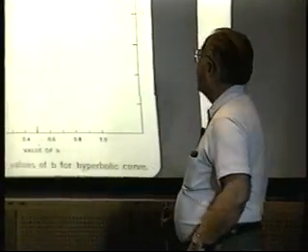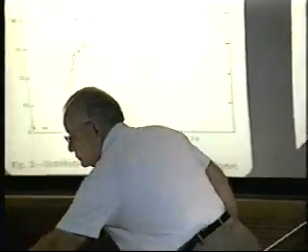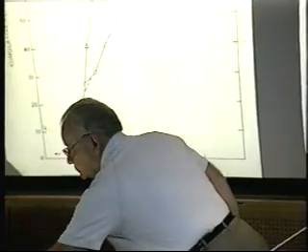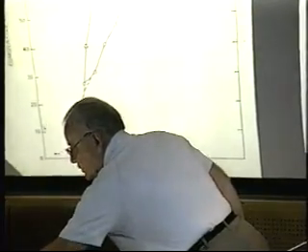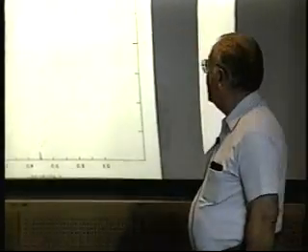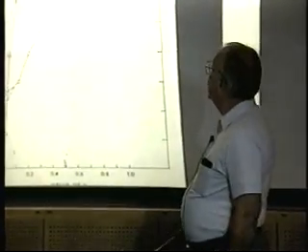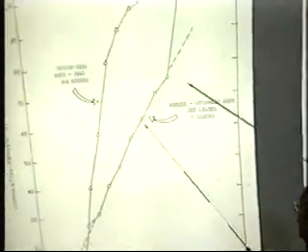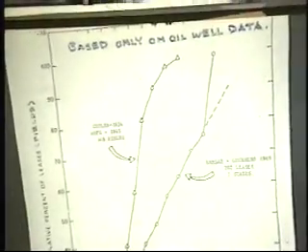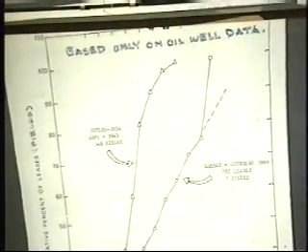Arps had made a plot of the cumulative percent of leases or fields versus the decline exponent b, using Cutler's data, and there were about 149 fields.